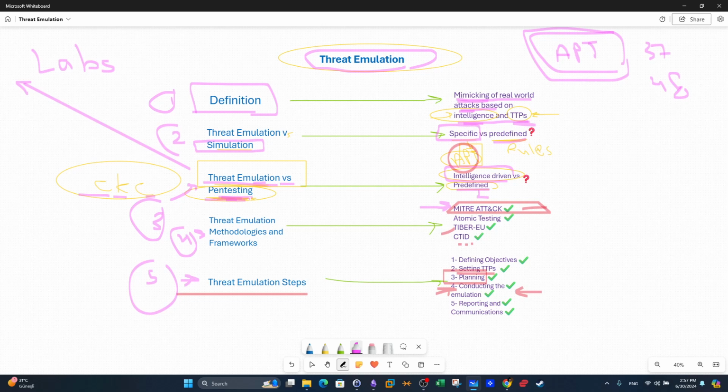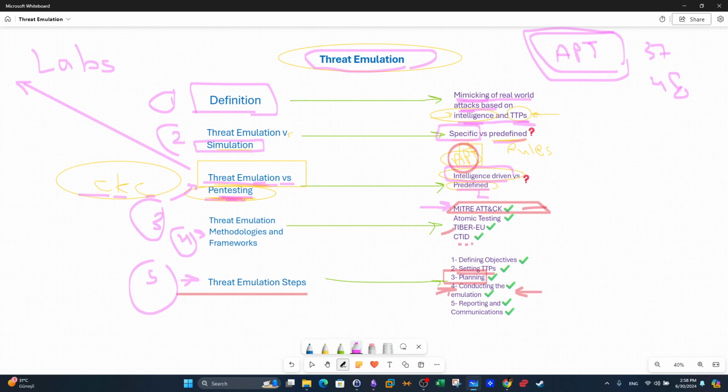In both processes, you're going to use lab tools to conduct a sort of pen testing. So sometimes threat emulation can encompass pen testing, but not 100%. We don't want to say emulation includes pen testing. It includes some parts of pen testing, but not completely.